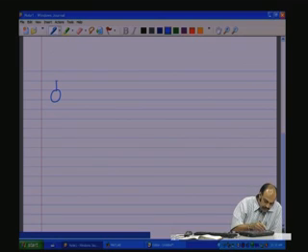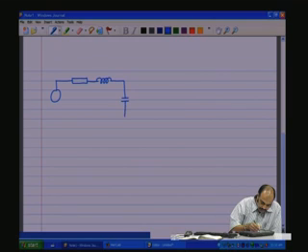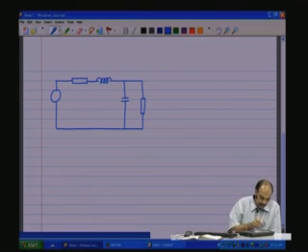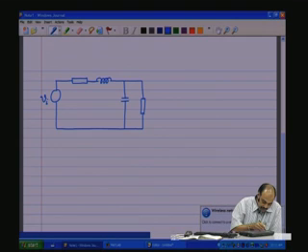you have a source, you have a resistance, you have an inductance, you have a capacitance, and there is another resistance across C. This is the circuit that I was talking about, and we had done this particular circuit.